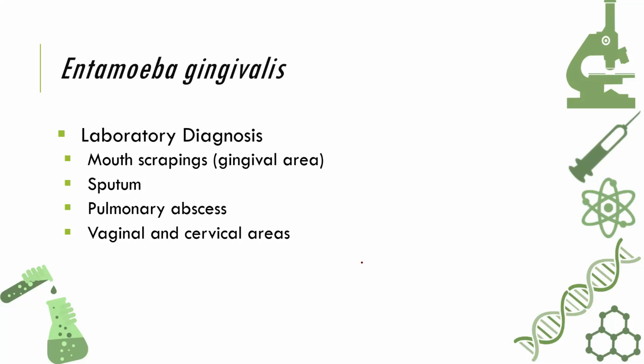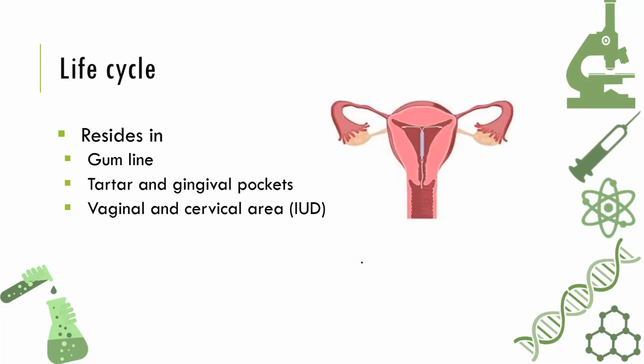I want to make it clear. At medyo baka napapangiti ka dyan. Uy, gingival area, tapos vaginal and cervical areas. Alam mo, no, mali ang iniisip mo at mali ang nasa isip mo. Bakit maging possible ang vaginal area and cervical areas for Entamoeba gingivalis? Because of the contamination into IUD.